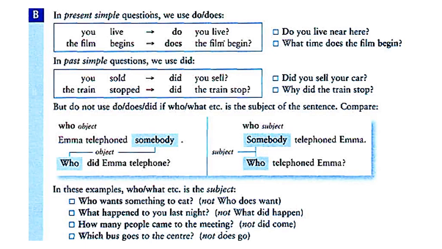Which bus goes to the center of the city? Not which bus does go. So we have to keep in mind that when we ask about the subject, we do not use do, does, or did. We do not change the word order.